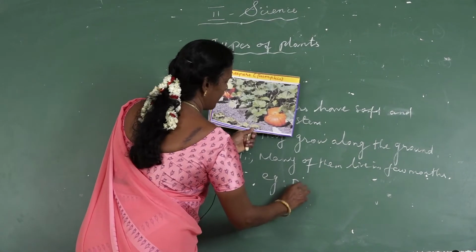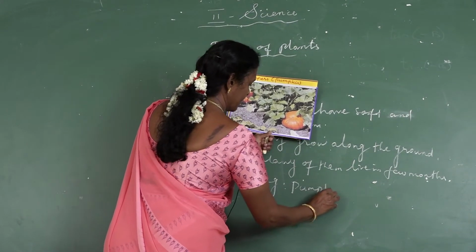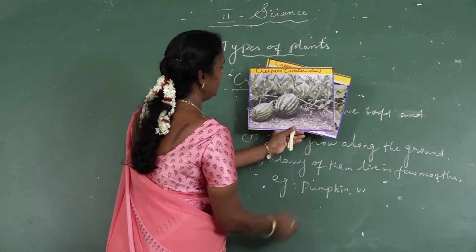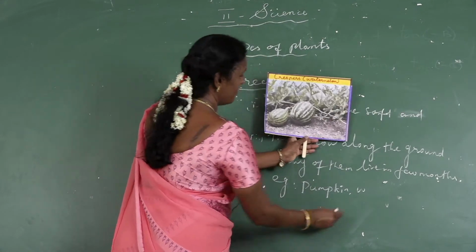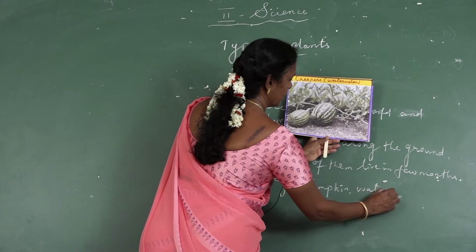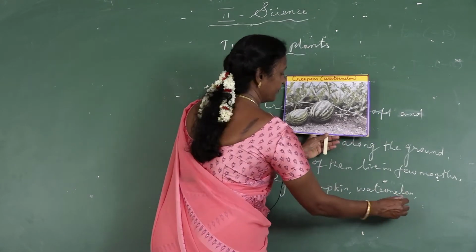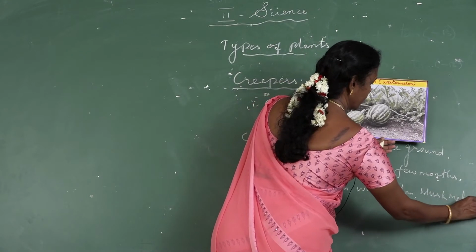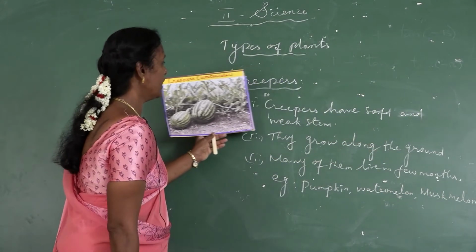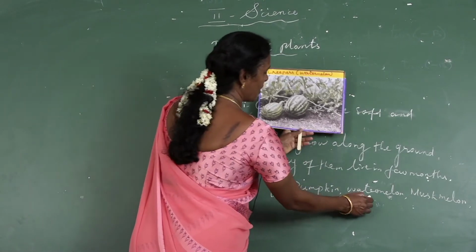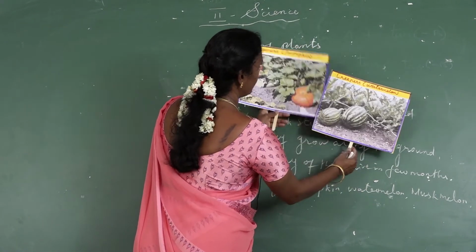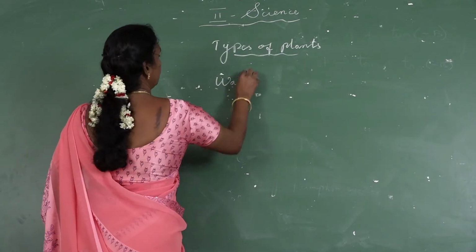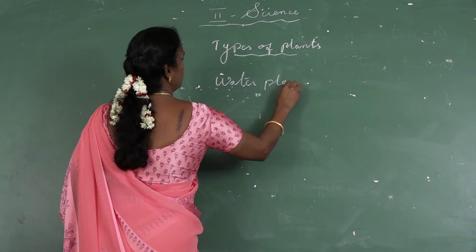Example: pumpkin, watermelon, and muskmelon. What is the example of the creepers? Pumpkin, watermelon and muskmelon. Next we will move to the water plants.